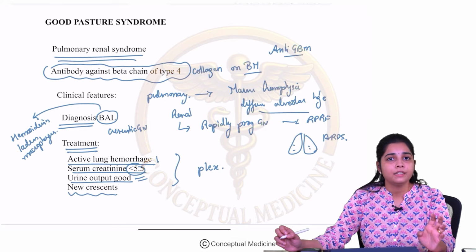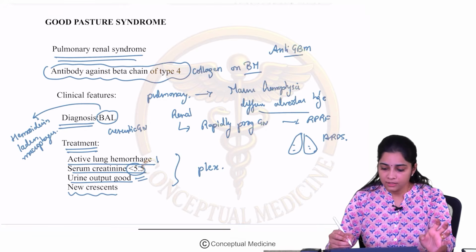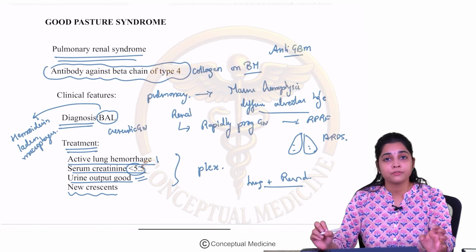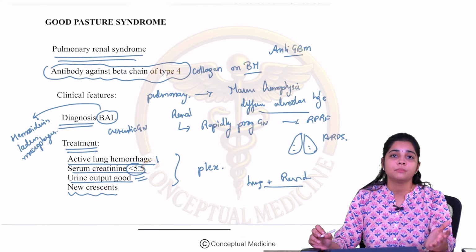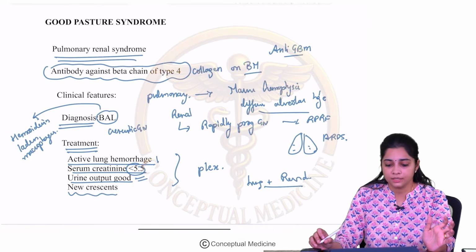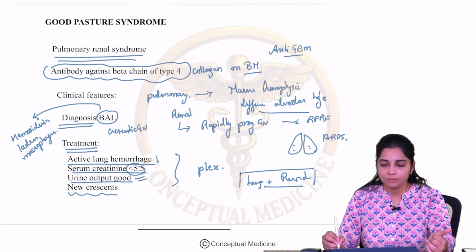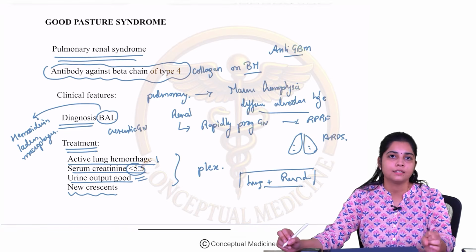But the final treatment would be a double transplant, which is lung plus renal transplant. If the renal damage has gone beyond the point and they have become dialysis dependent, then there is no point in doing plex. You will have to do a double transplant, which includes a lung and a renal transplant.